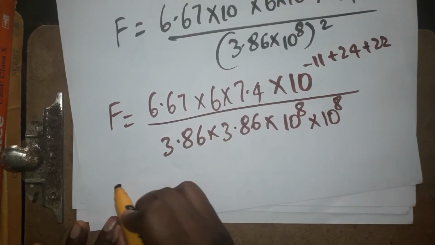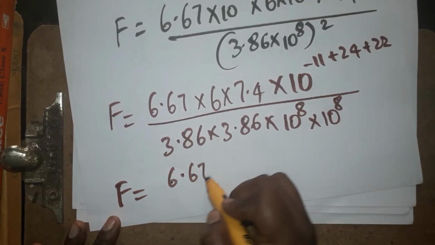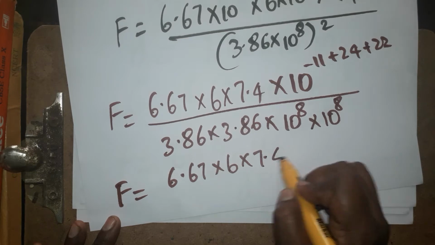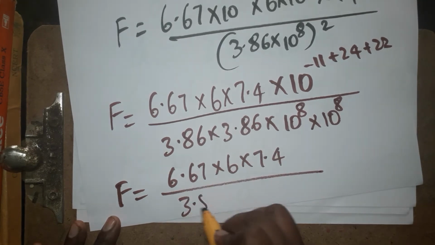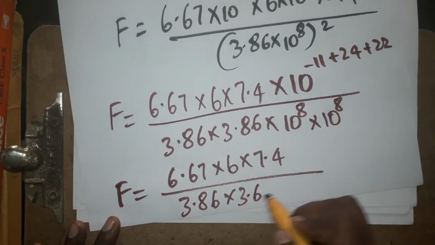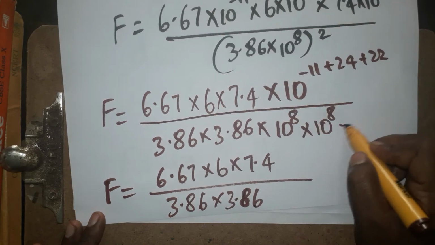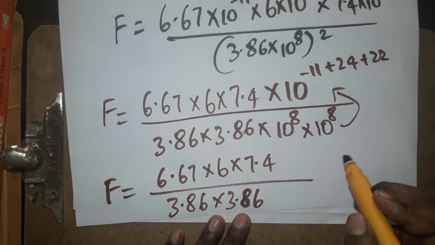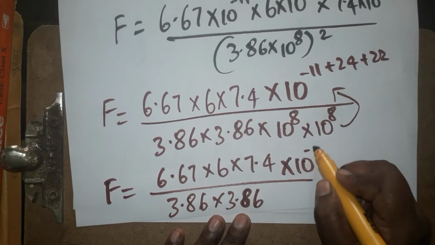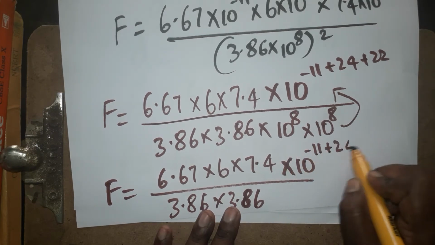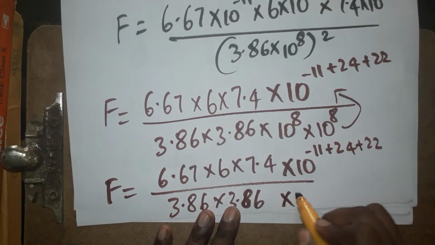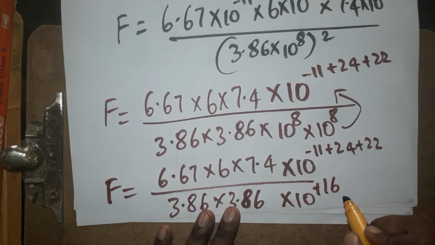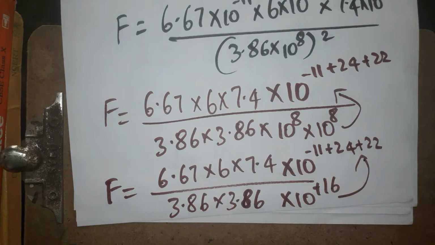Again F is equal to 6.67 into 6 into 7.4 divided by 3.86 into 3.86. The 10 power 16 from the denominator I take to the numerator, so it becomes minus 16.